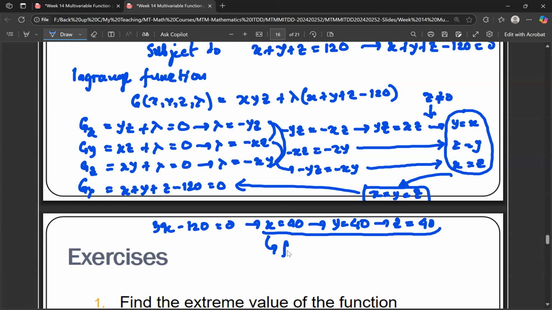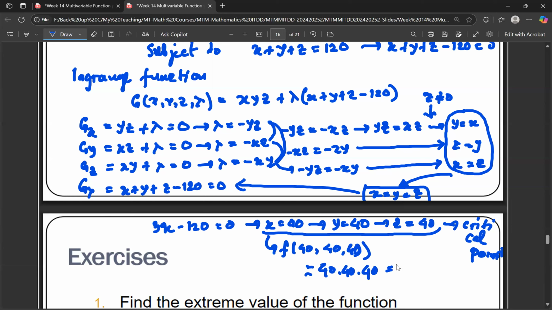So this is the conclusion. We have the critical point 40, 40, and 40. The function will be 40 times 40 times 40.